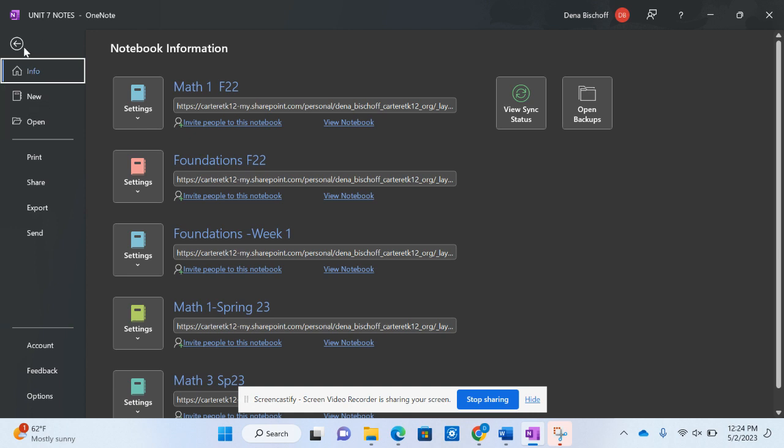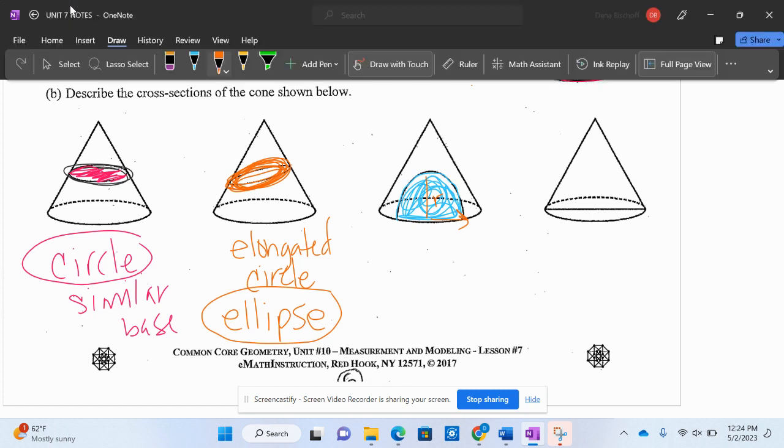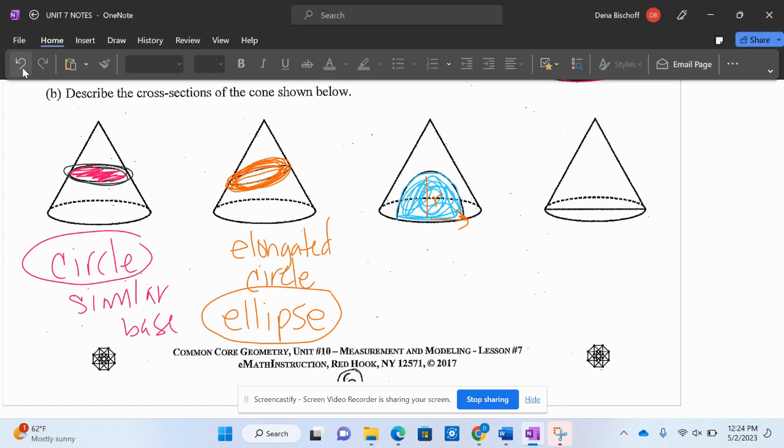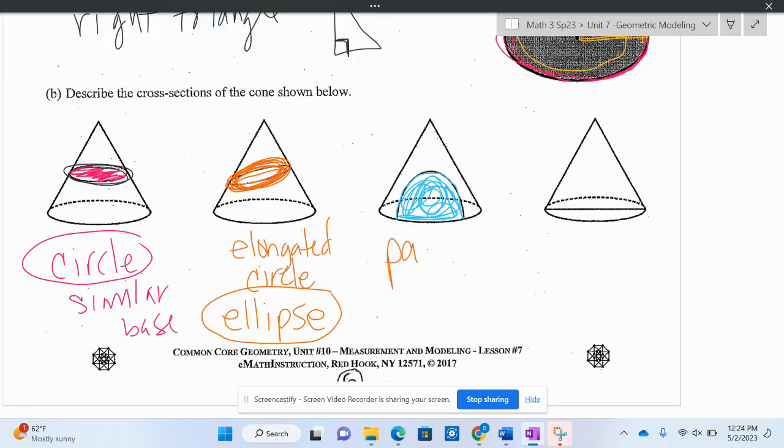What is this shape right here? What's that blue section? What kind of graph does that look like? It does look like an igloo. I think it's because I colored it blue. It's a parabola. This makes a parabolic shape.